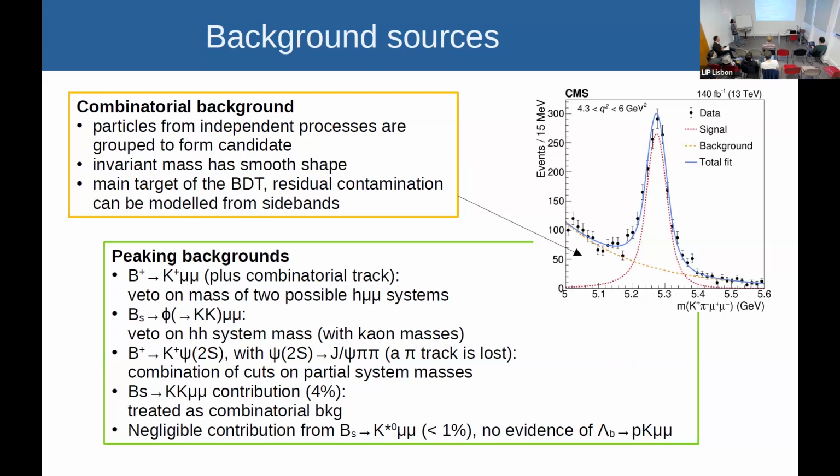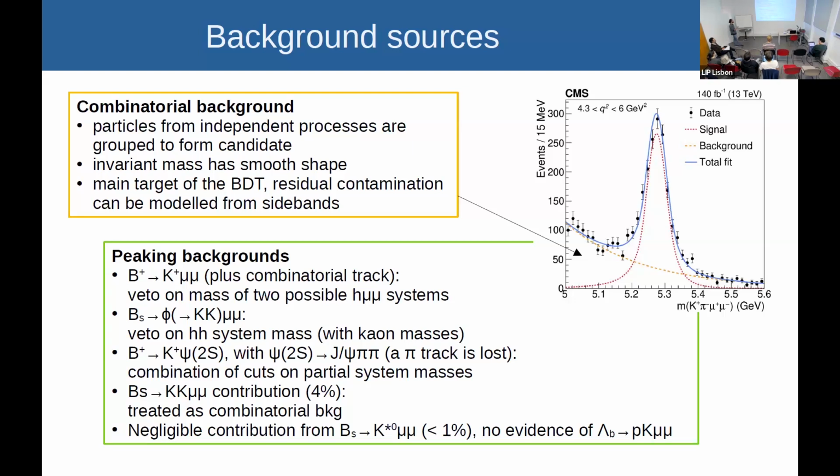So, what are the sources of background that we expect and we want to reject? The major source is the combinatorial background. These are particles that come from independent processes and are grouped together to form a single candidate. Being independent, if we look at the invariant mass of the candidate, so the invariant mass of our four tracks, this has a smooth shape.